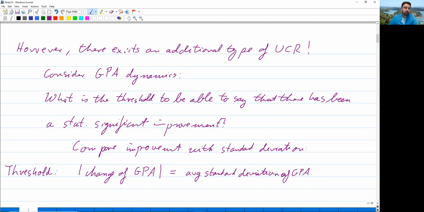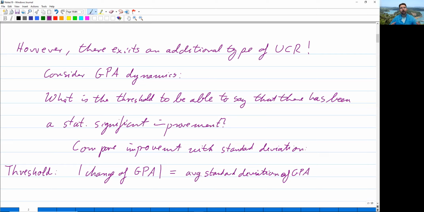And why is that a good definition of a threshold? Well, it is because you know that if something is more than a standard deviation away from the mean, then you have a better than chance probability that it's significant.